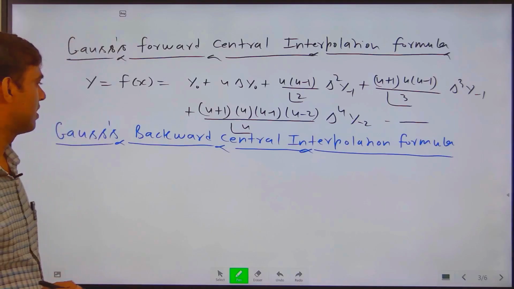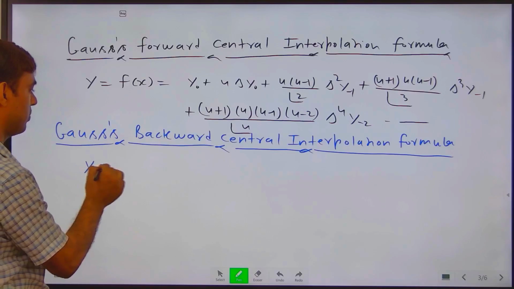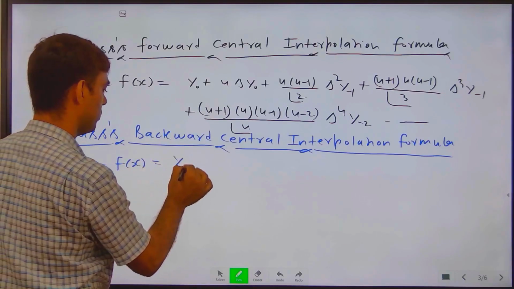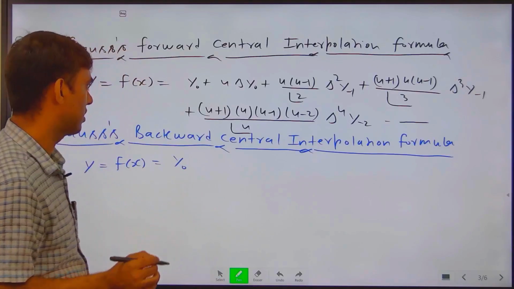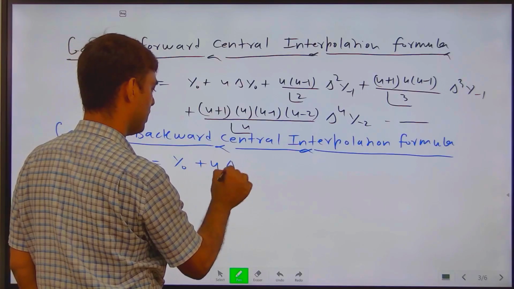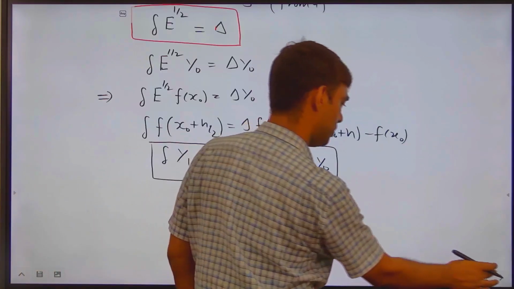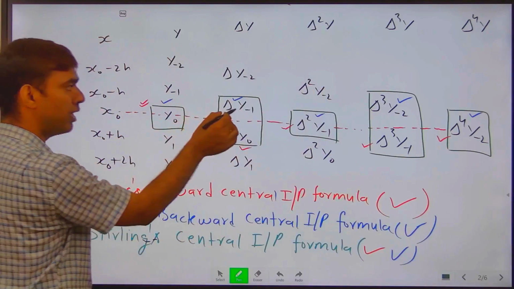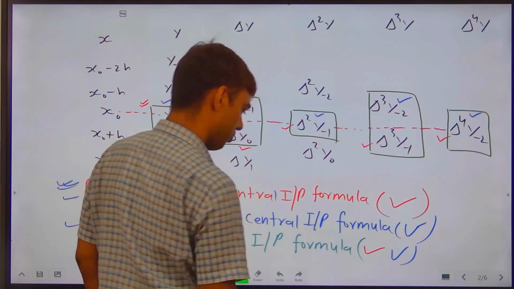So what is the Gauss backward central interpolation formula? In a similar manner, we write y equal f(x) equal y0 plus u del y minus 1, because there is a need to write the backward interpolation formula in terms of y0 and del y minus 1, del 2 y minus 1, del 3 y minus 2, del 4 y minus 2.